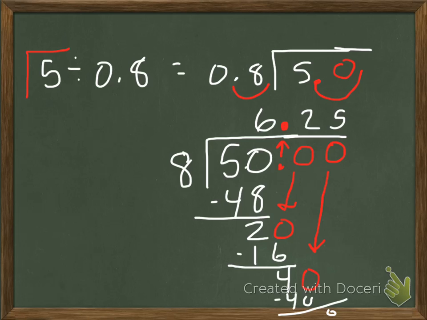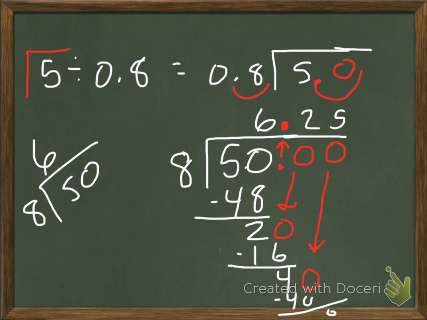It's important that you keep them in line with what you're doing. Because if you put the number in the wrong spot, your decimal will be in the wrong spot, and you'll get the problem wrong. Attention parents that are on campus. If you put your numbers in the wrong spot, your decimal will be in the wrong spot. So let's say here, you go 8 into 50, and you say it's 6.